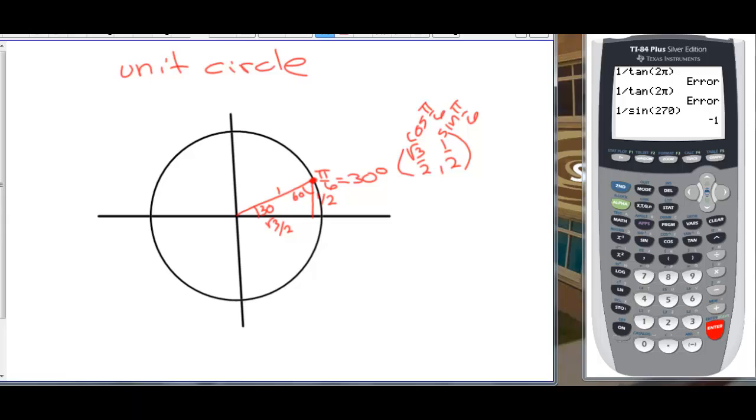Here, grab your calculators. Is it still in radian? I'm telling you that the ordered pairs is cosine of theta, sine of theta. So let's take the sine of pi divided by 6. When I hit enter, it's going to say 1/2.